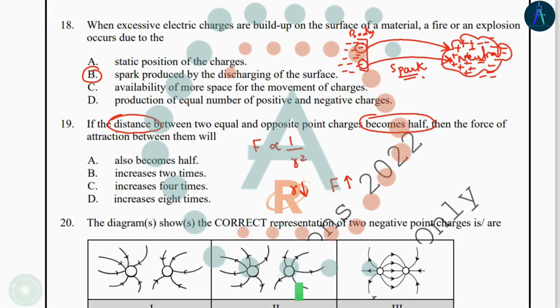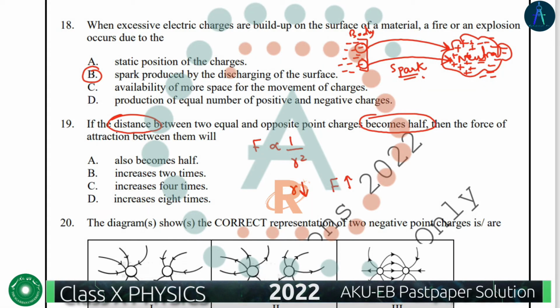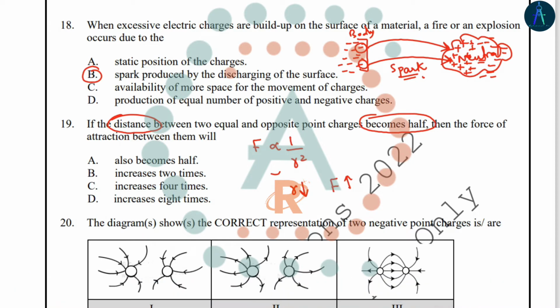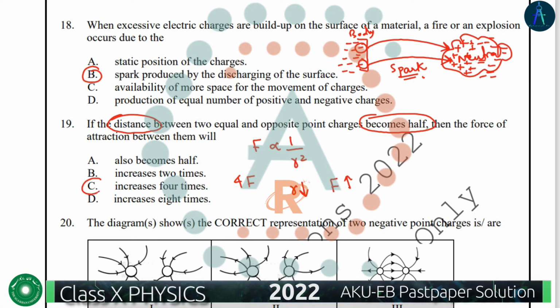The distance becoming half means that the distance between these two charges has reduced, so force will increase, and we have the power 2 on the distance. This means that if we halve the distance, the force will increase by 4 times. So question 19, option C will be the right answer.